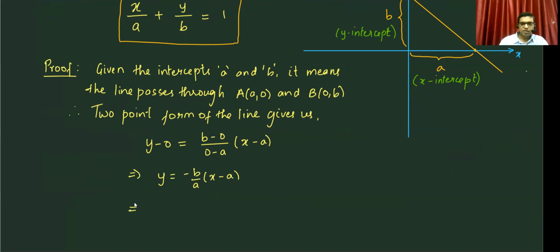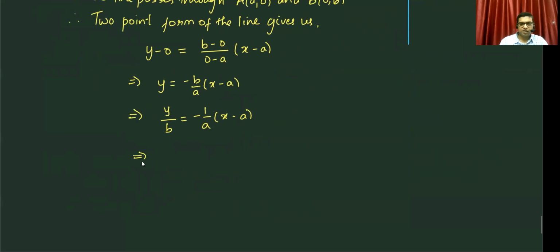Okay, you get this. Now what I do, I'll take this b down. It will be y by b is equal to minus 1 by a times x minus a. In the next step, y by b is minus x by a plus 1, since minus 1 by a into minus a gives plus 1. Minus into minus gives plus, 1 by a into a gives 1.